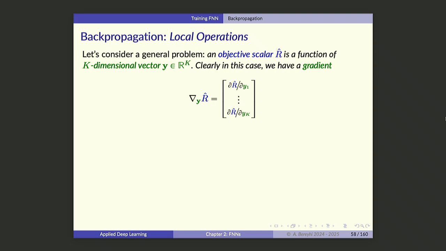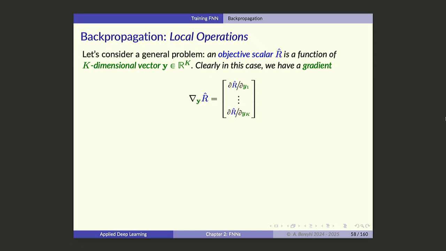So let's start with these local operations. As I told you, I am not yet doing anything on a neural network, so don't get confused. This y, z, whatever you see here is not yet on the neural network. We're going to take it to the neural network later. So I am assuming that I have one objective, r hat. R hat in your neural network is the empirical risk, or the loss.